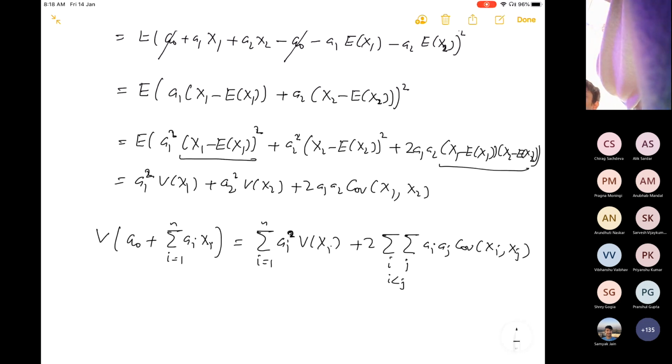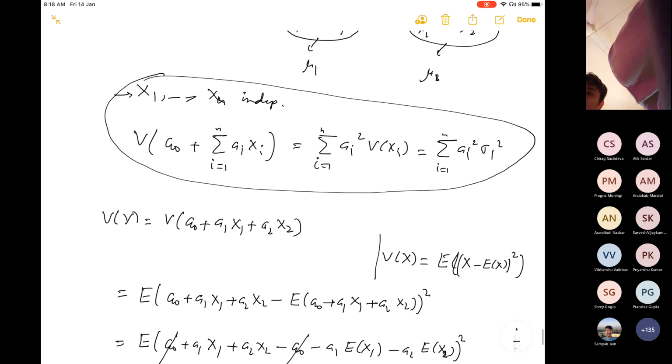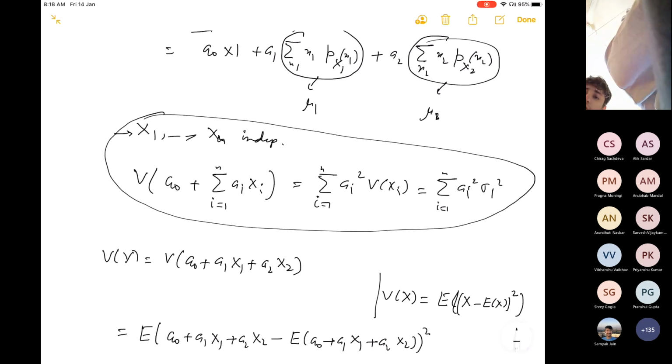So when x1, x2, xn are independent, that implies that the covariance between xi and xj is 0. Last class we have done that if x1, x2 are independent, this implies that the covariance between them is 0.